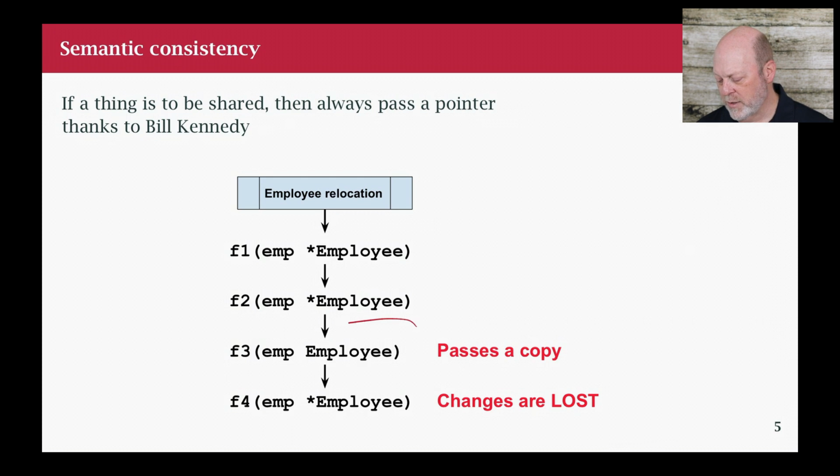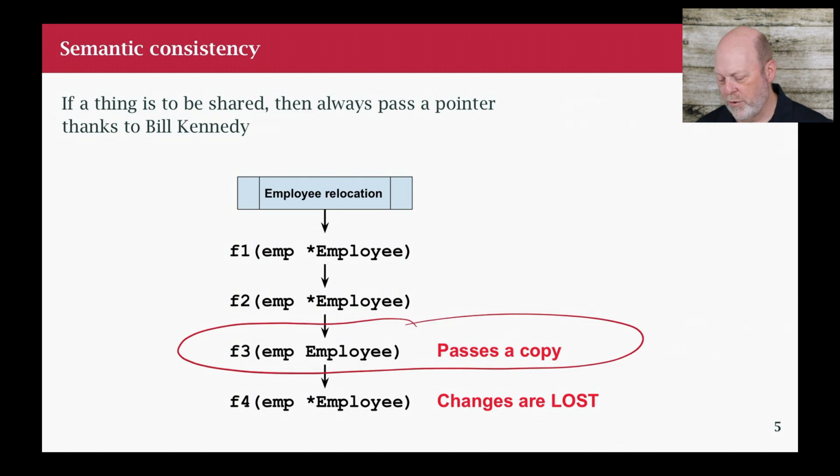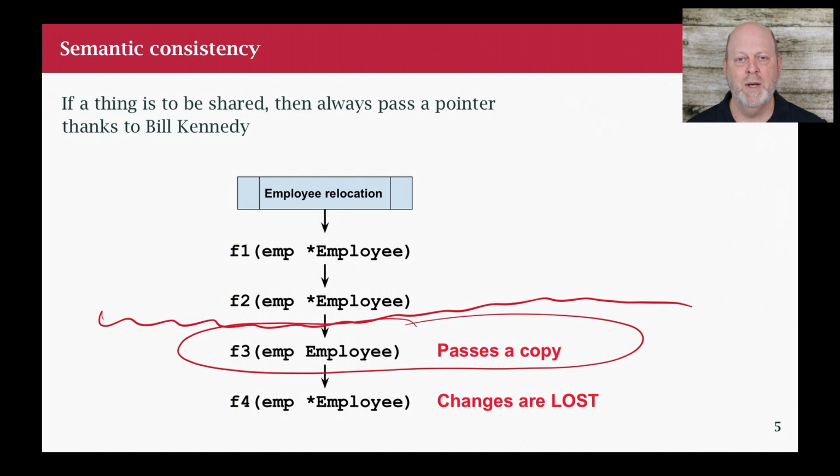And the problem here is, well, somebody said, hey, for function 3, I'm going to just take a copy. And doing that causes a problem, because let's suppose I pass that to function 4. Function 4 makes a change. It changes my employee record, okay? But that change will never be seen above function 3 because function 3 made a copy.